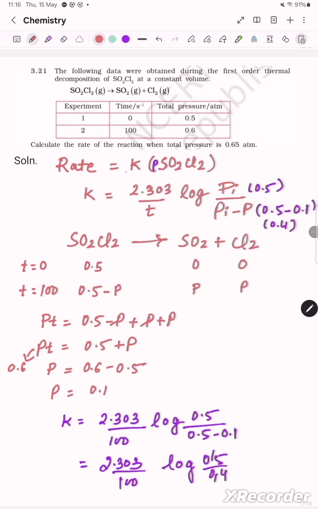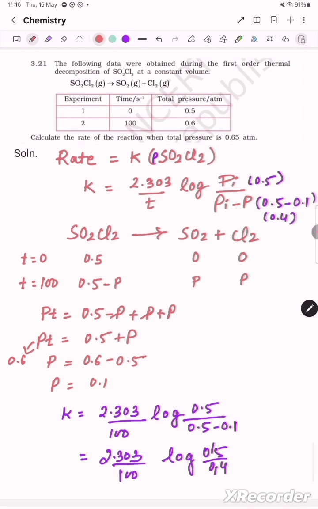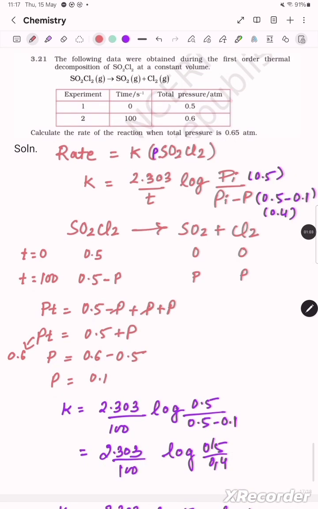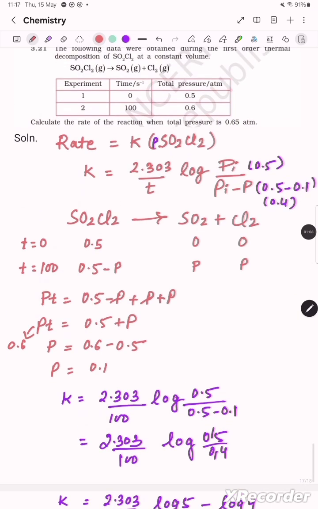Rate is rate constant multiplied by pressure of the reacting species, that is SO2Cl2. Now we have to calculate the pressure of SO2Cl2 when the total pressure is 0.65 atm.